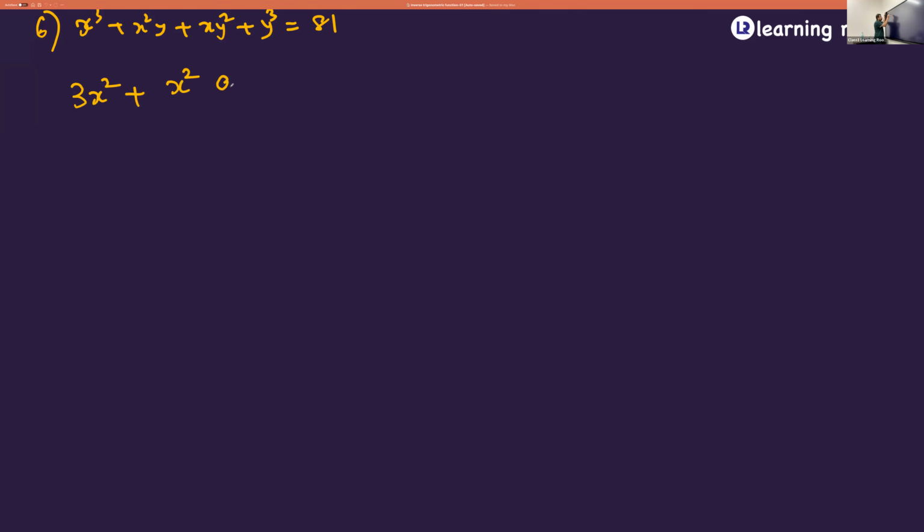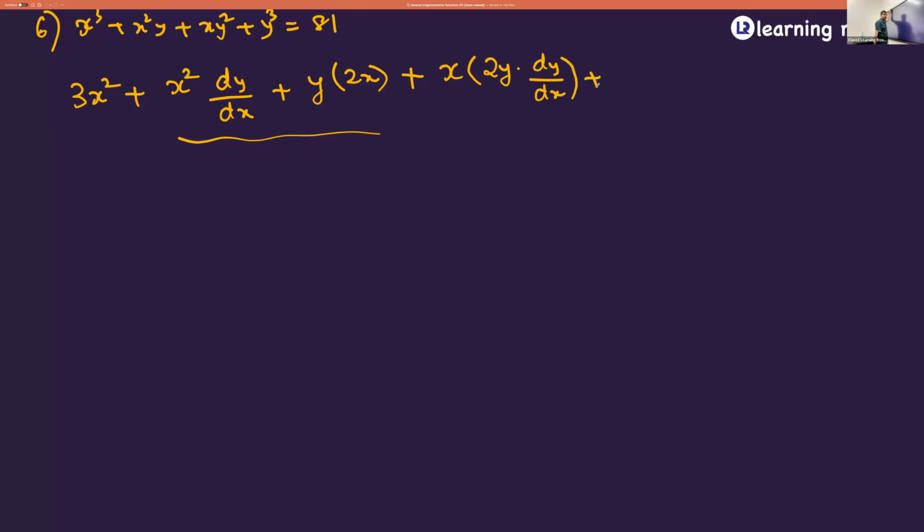x square into dy by dx plus y into derivative of x square, 2x. So these two terms are coming from here. Plus, what will you write here? x into 2y into dy by dx plus y square into 1 plus, what is this? 3y square into dy by dx is equal to 0.